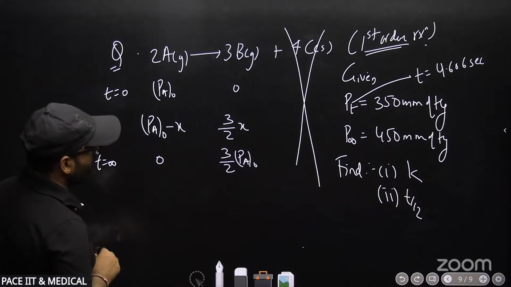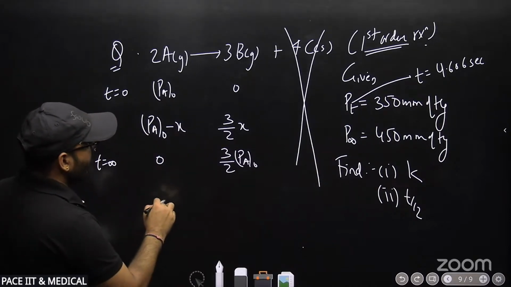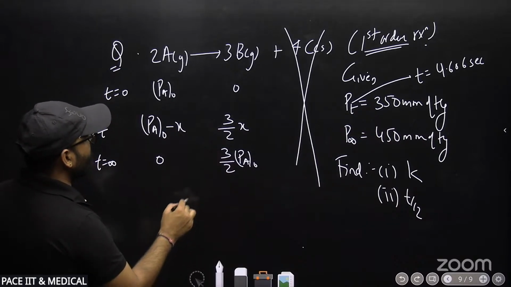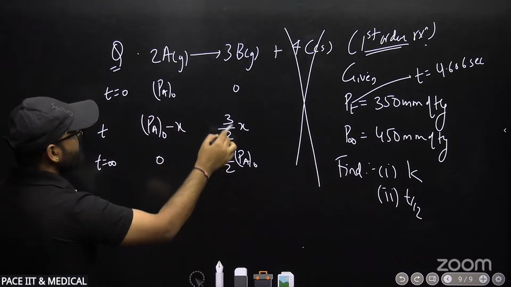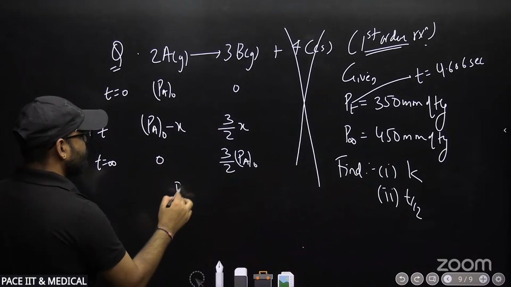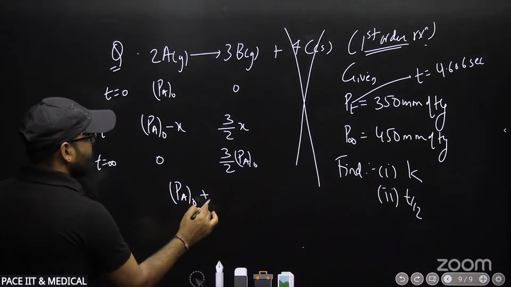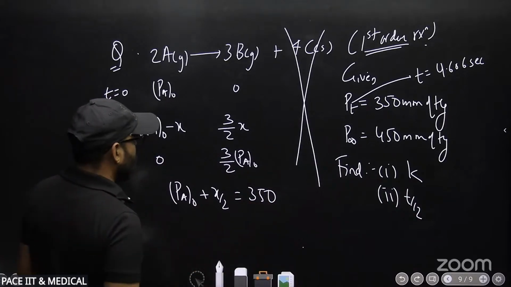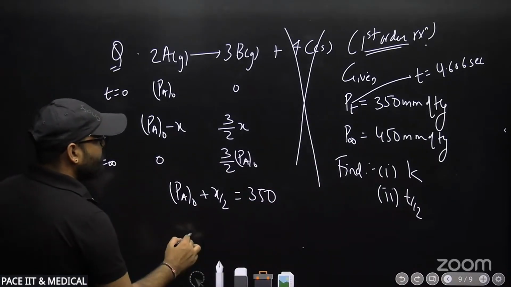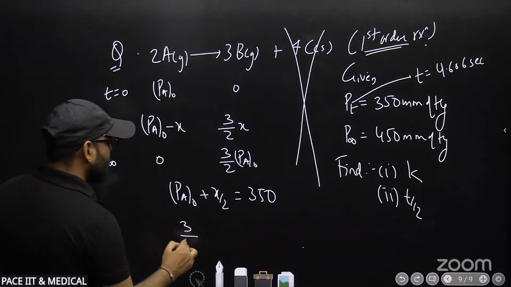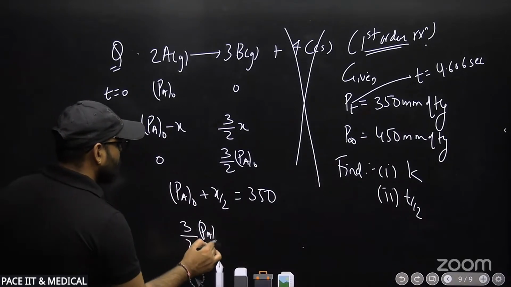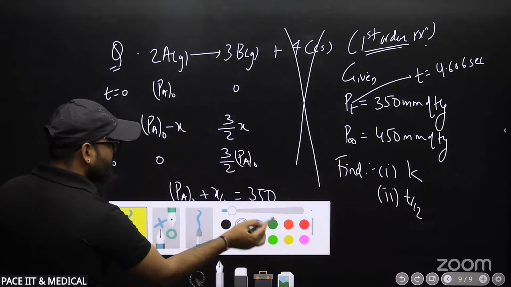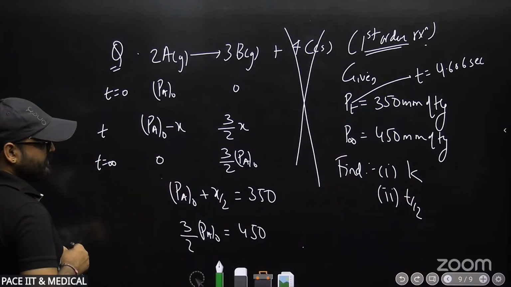Now, I know that PT is given as 350. PT is the sum of these two pressures. So the sum of these two pressures, PA naught minus x plus 3 by 2 x, equals 350. And now P infinite, which is 3 by 2 times PA naught, equals 450. From these two, you can calculate PA naught and x.